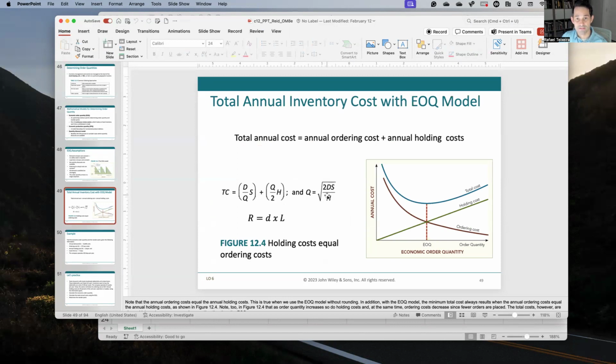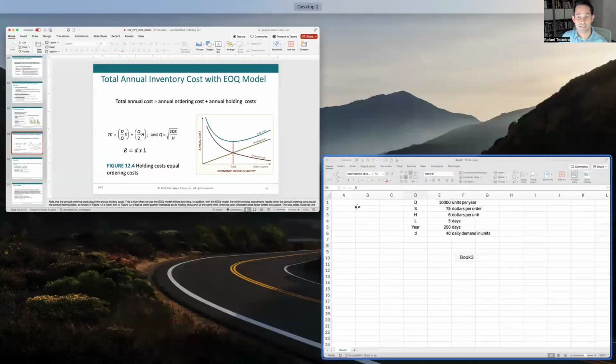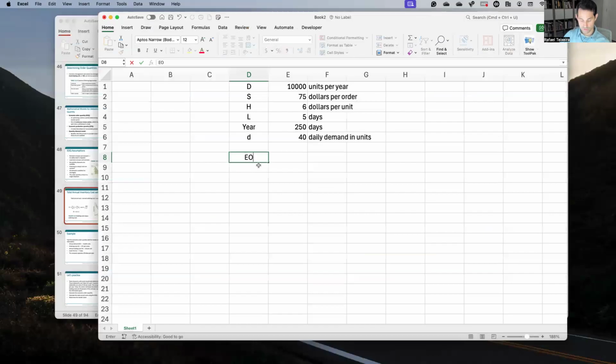I'm going to implement this formula in 2 steps to make it easy for students to see. First I'm going to do 2SD divided by H, which is inside the square root. I'm going to open parentheses, 2 times the cost to place orders times the annual demand.